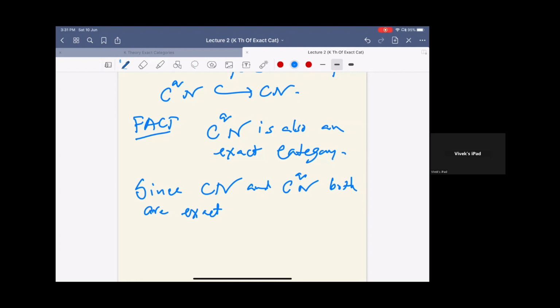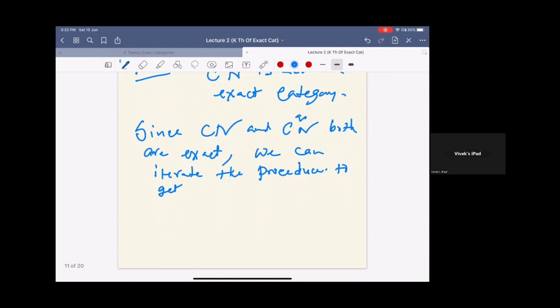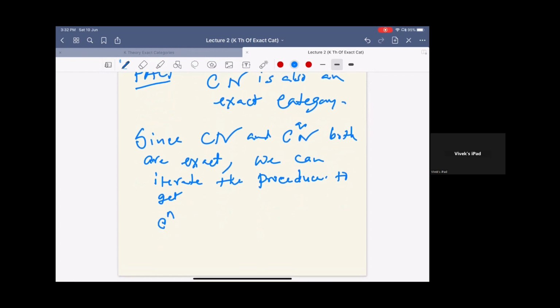So we can iterate this procedure to get C^n(N). That means you apply C n times.